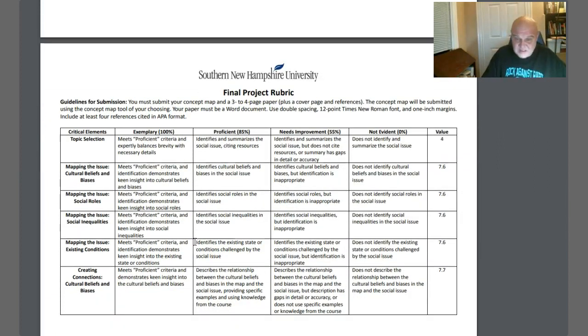You're going to be graded on the guideline for submission, the final project rubric. It's a concept map and a 3 to 4 page paper, plus cover page and references. For this course, we use American Psychological Association, or APA style citations and references. Please go to the Shapiro Library page if you don't know what I'm talking about, and watch their video.